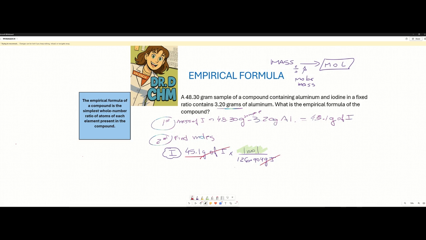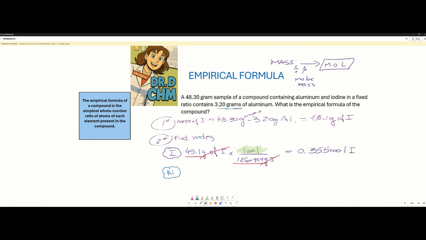So I'm going to have 45.1 divided by 126.904, and this gives me 0.355 moles of iodine.